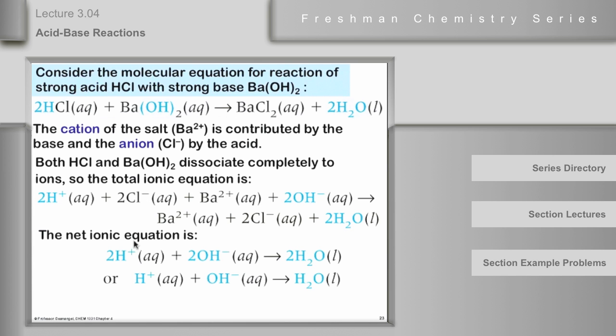So if you had to write the net ionic equation, you would take the spectator ions out of there, and then what you would have left is 2H plus plus 2OH minus goes to 2H2O, and if you wanted to put that in the proper form, you would divide through by 2, and it would be H plus plus OH minus goes to water. That's the net ionic equation, and that's what happens in this reaction.